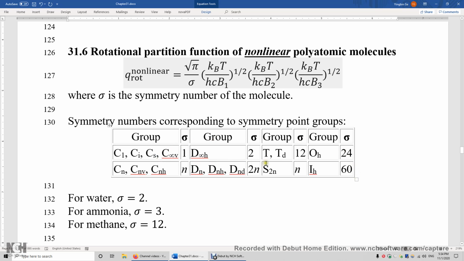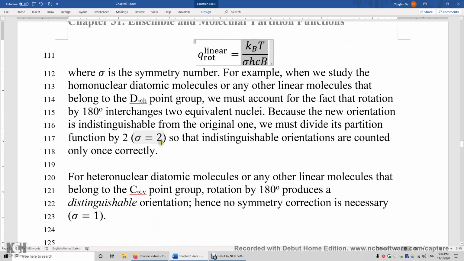Again, this sigma is the so-called symmetry number. This is to take the indistinguishable orientations of the molecule after the rotation into account. So again, here's a simple example. If you have a homonuclear diatomic molecule and then you rotate this molecule 180 degrees, there's no difference before and after the rotation.